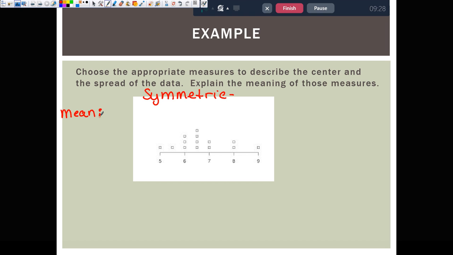You could put the numbers on top, so I can have 5, 5.5, 6 times 3 is 18, 6.5 times 4 is 26, it's an even number. 7 times 2 is 14, 8 times 2 is 16, 9 times 1. Alright, so let's add this all up.